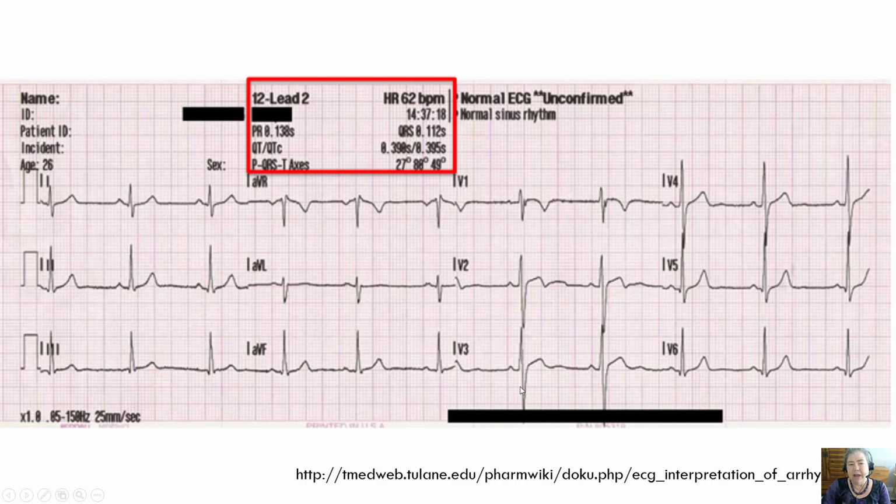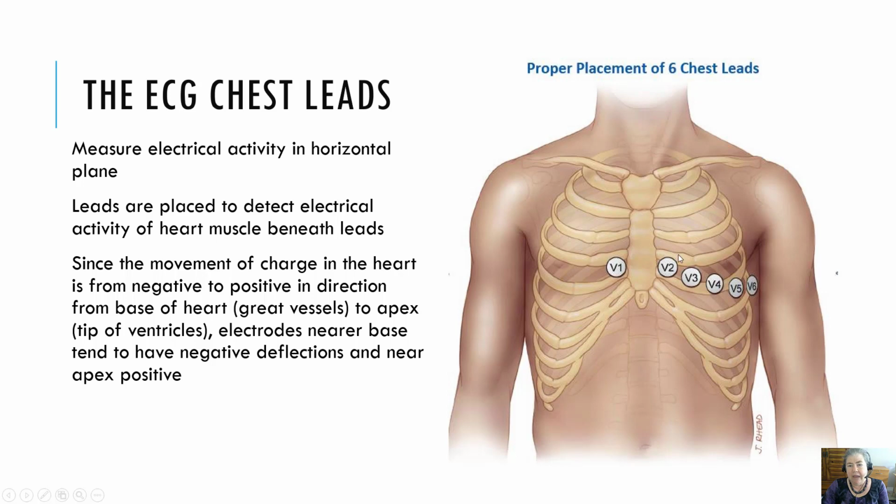V1, V2, V3, V4, V5, and V6. These electrodes are located on the chest wall. V1 and V2 are usually a little higher, but basically they're in a horizontal direction, so they're measuring impulses in a horizontal plane.